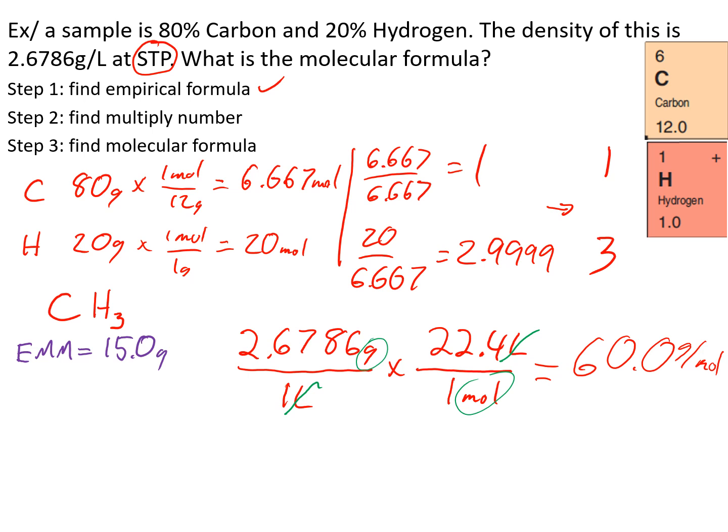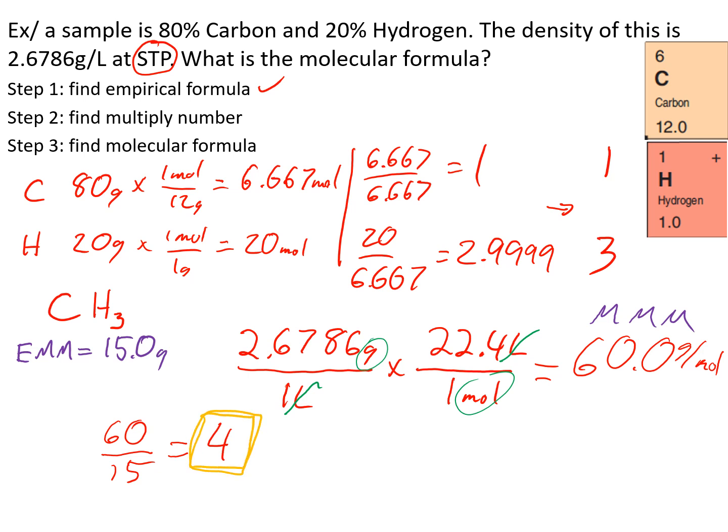Now, this right here is my molecular molar mass. So I'm now going to take my molecular molar mass, which is 60, and I'm going to divide it by my empirical molar mass, which is 15. And what I get is 4. This is my multiply number.